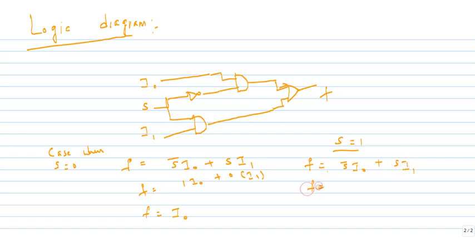When S is equal to 1, S bar is equal to 0. So 0 into I naught plus 1 into I1.